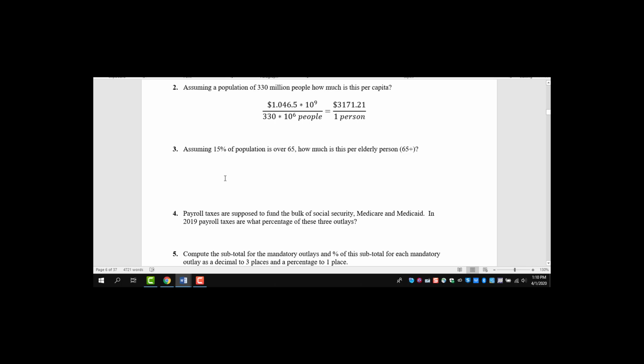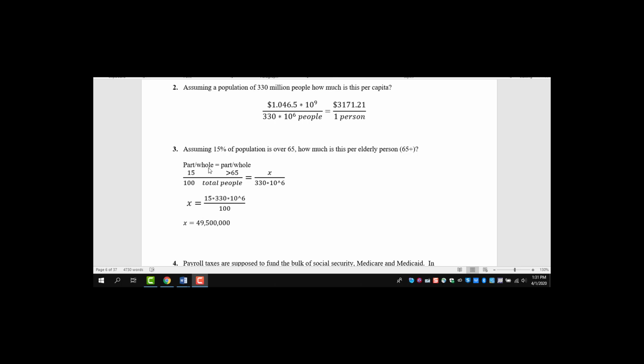It's going to be part over whole equals part over whole. And you can use this for many problems in this chapter. And I'll set the proportion up. And I'll come back. You might want to pause it and see if you can do it. Okay, so I set this proportion up, part to whole, part to whole. So that 15%, that's the ratio, 15 over 100.